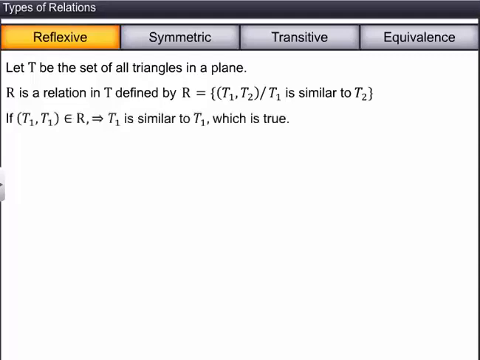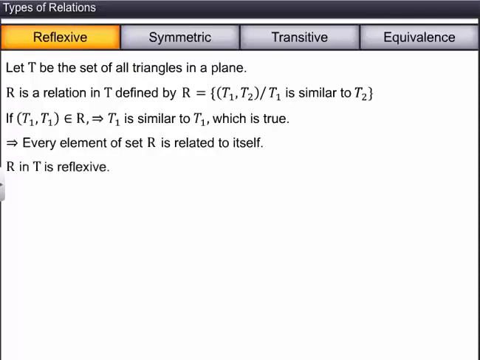If an ordered pair (T1, T1) is in set R, then it implies that T1 is similar to itself, which is true, since every triangle is similar to itself. And this holds true for all the triangles in set T. Hence, we can say that every element of set T is related to itself.